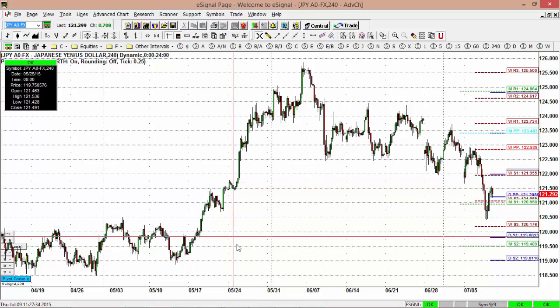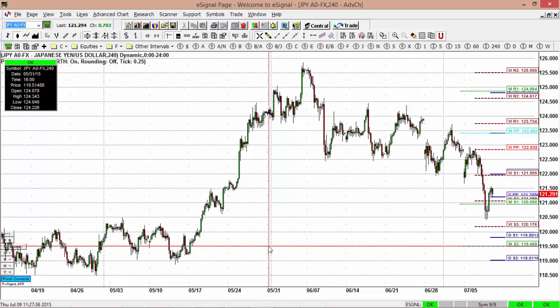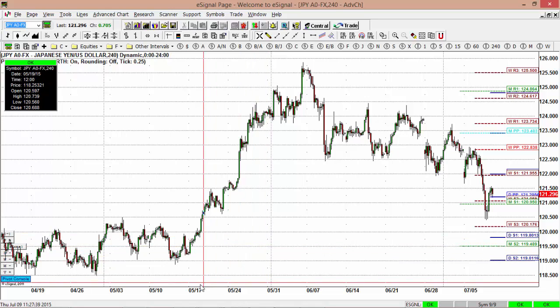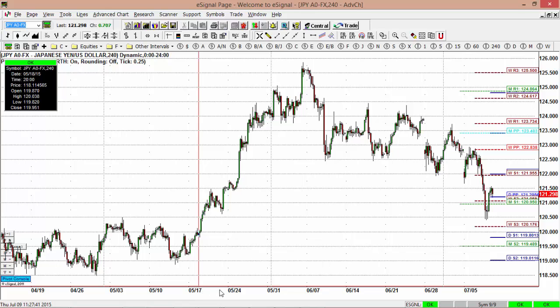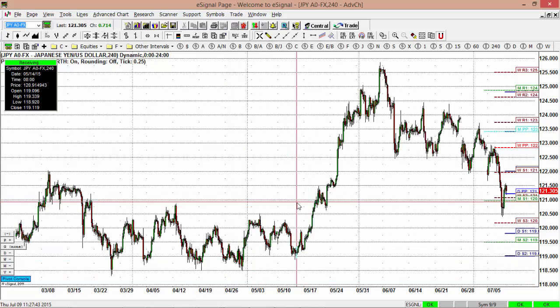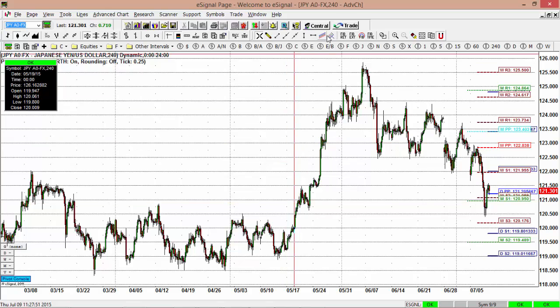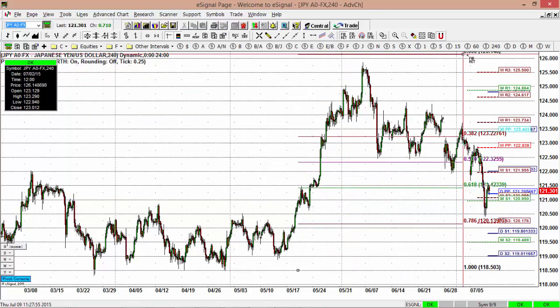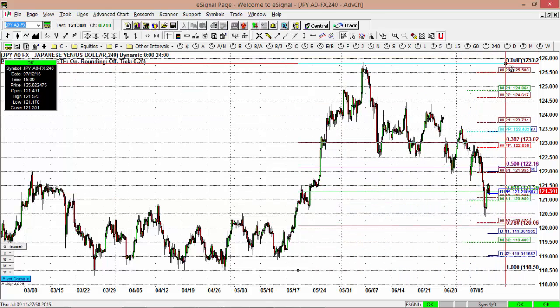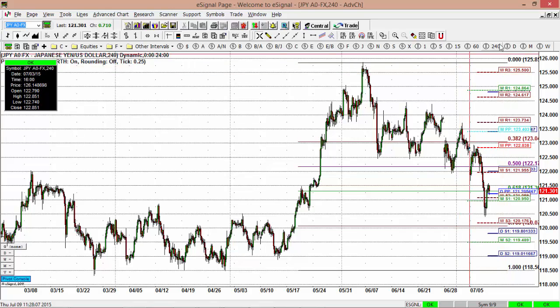I also said that we could get some pullback into the 119.48 monthly S2 pivot point, but the market has slowed its decline at this 120.95 pivot point, which also coincides with the 618 retracement level, just below the 618 retracement level of the move from 118.50 up to 126 in the Japanese yen.